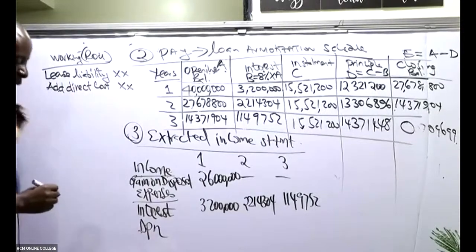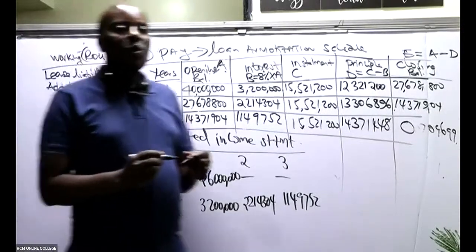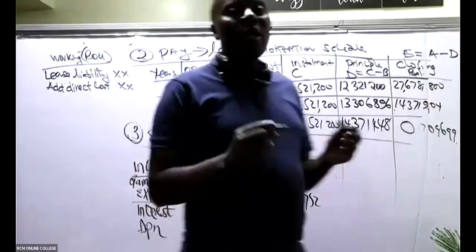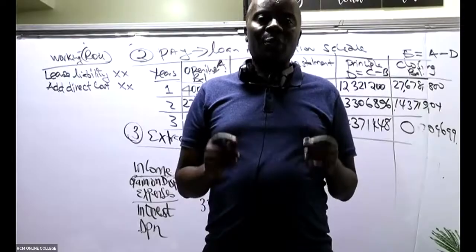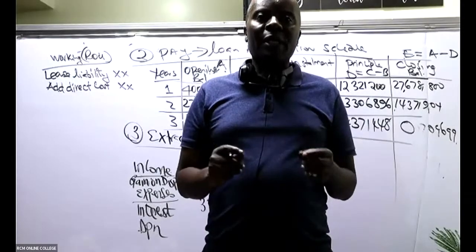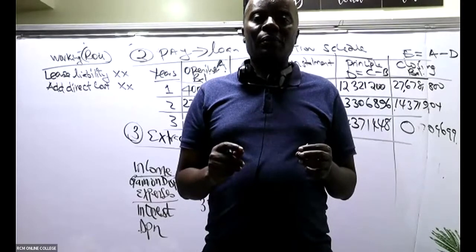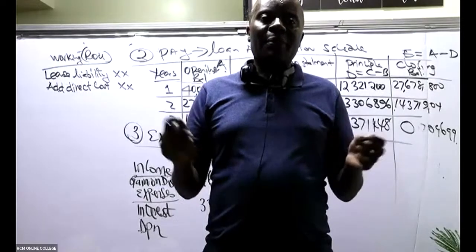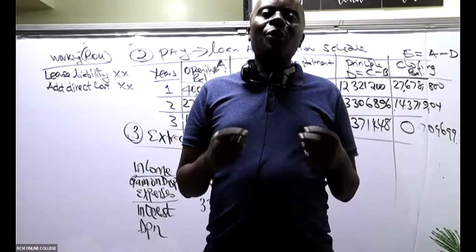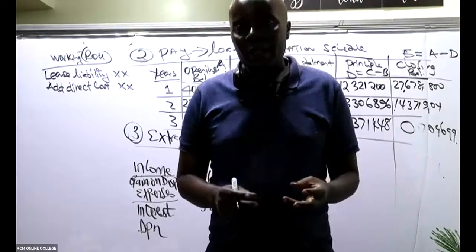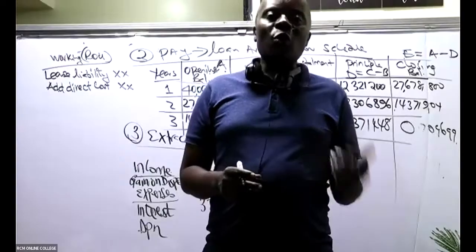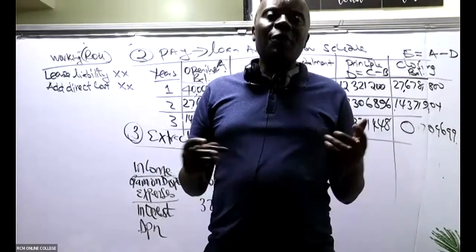For example, like ourselves, once we leased this space from the landlord at Stanbank, there are those direct costs. For example, you need to come and do painting, and there will be some modifications.